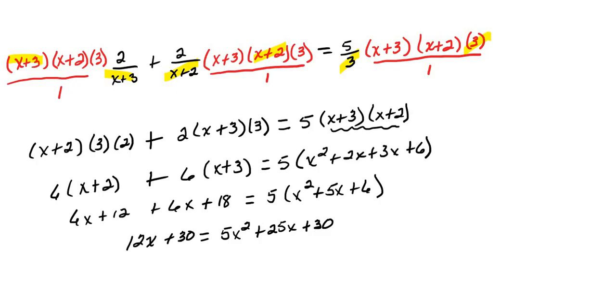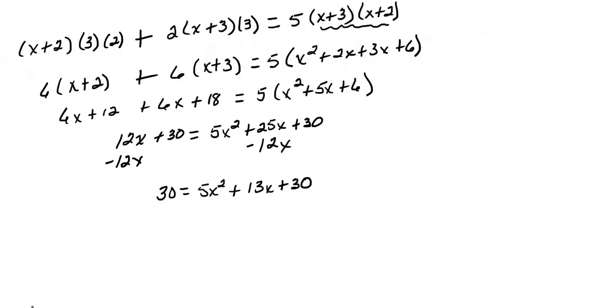I need to get everything on one side of the equation and set it equal to 0. So I'm going to start off by subtracting 12x from both sides of my equation. Now I'm going to subtract 30 from both sides of my equation. So I get 0 equals 5x squared plus 13x. So I have a quadratic equation.